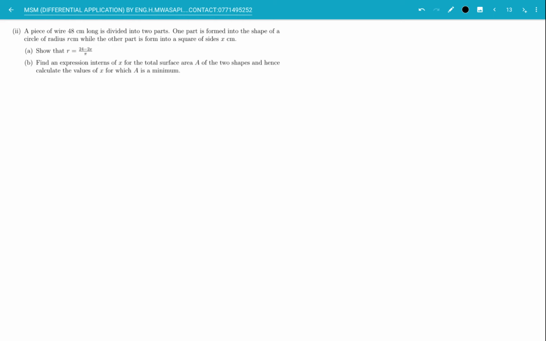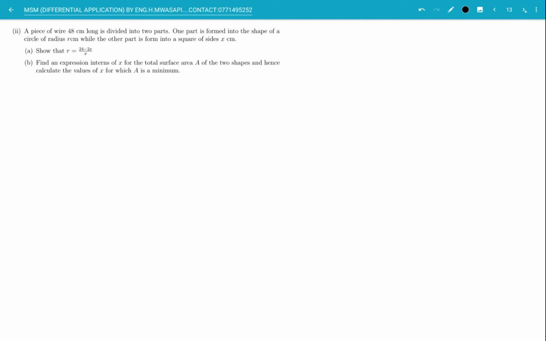Part A says show that r is equal to 24 minus 2x over pi. Then part B, find an expression in terms of x for the total surface area A of the two shapes, and hence calculate the values of x for which A is a minimum.